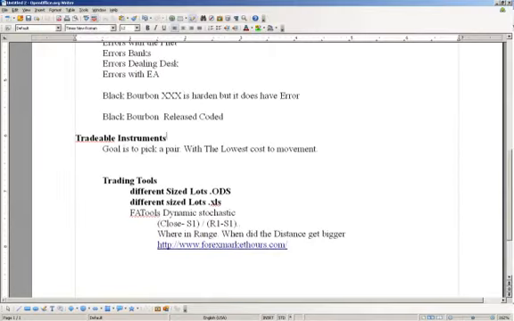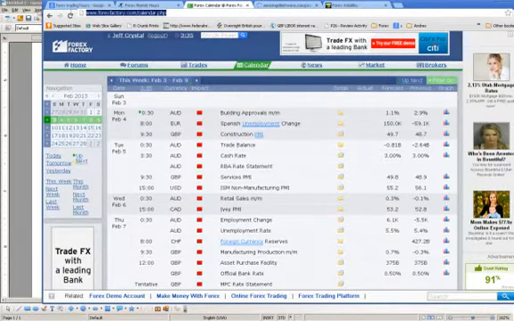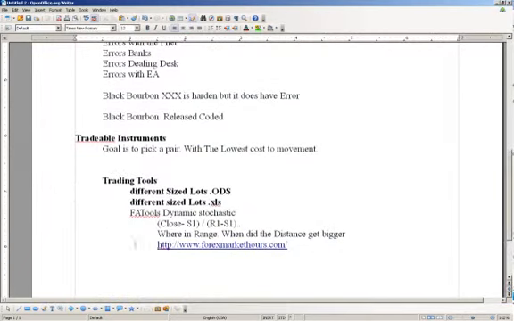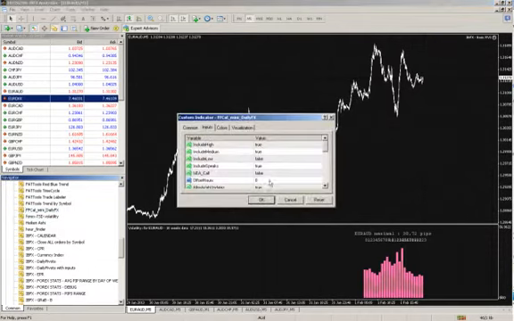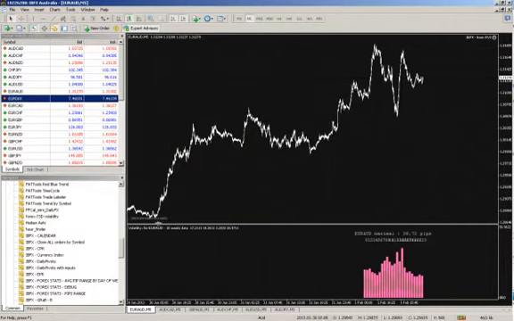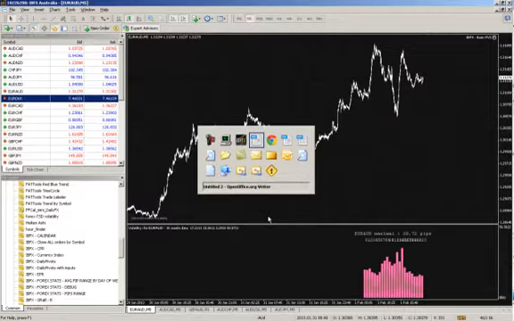Now, there's another tool that does this. We have a tool that we just started using that was found on this website. It was open sourced once again. It's an indicator, you bring it on, and you set it, and it shows you the upcoming news events. The weekend's over, so there are no more upcoming news events.